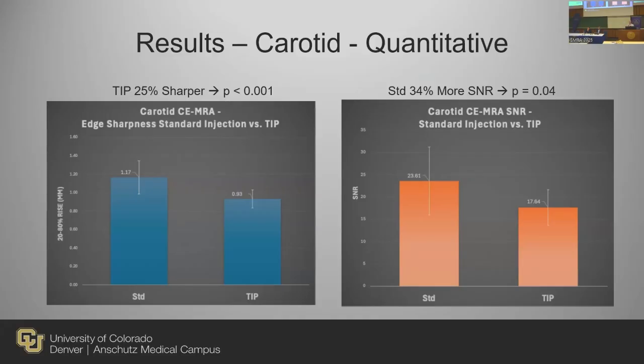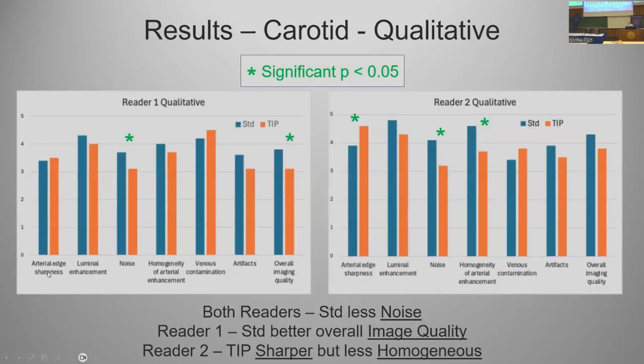To quickly get to the results, the good is that we did see about 25% sharper edges for our carotid, which is the graph on the left. However, it came at the cost of losing signal to noise. The standard had more signal to noise, which you might expect because the contrast injection may be a little bit faster. As far as qualitative, all the green stars are significant. Both readers thought the standard technique had less noise.